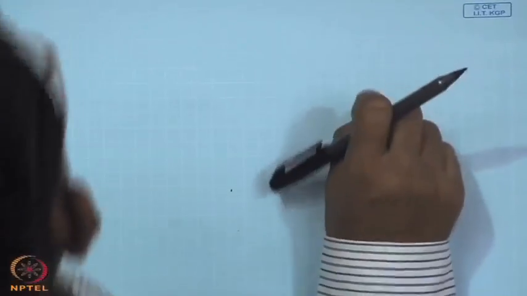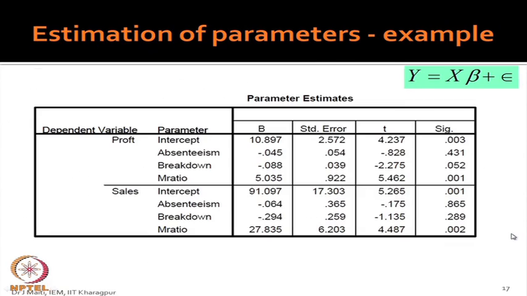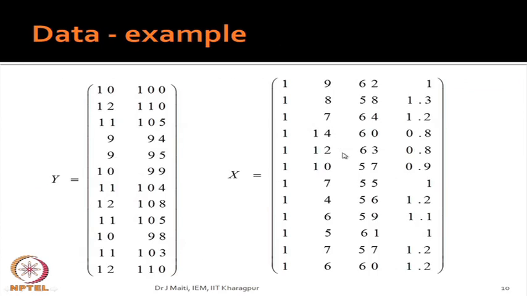So, let us see the result. If you go back, let us go to the data set we initially considered. This is the data set: this one is profit, this is your sales volume, this one is the constant term for x0, this is absenteeism, this one is breakdown hours, this is M ratio.